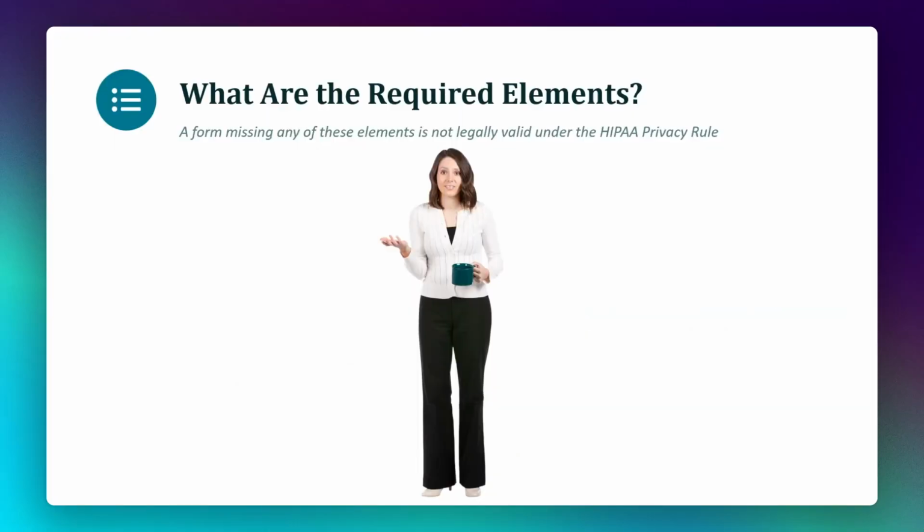Now let's get into the required elements, because this is where a lot of real-world compliance problems can happen. The HIPAA privacy rule is enforced by the U.S. Department of Health and Human Services, and it specifies 6 core elements that every valid HIPAA authorization form must contain. If any one of these is missing, the form is not compliant.